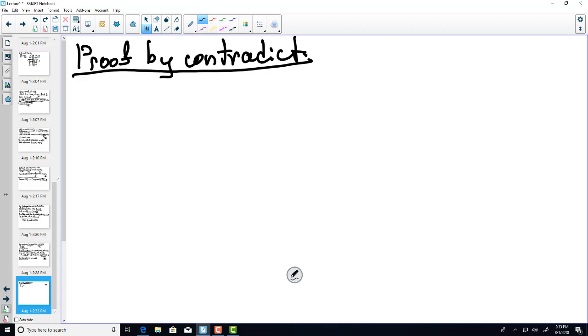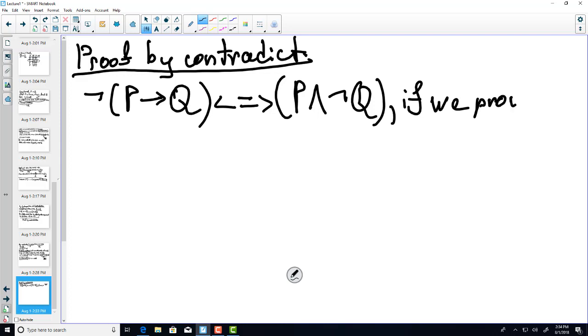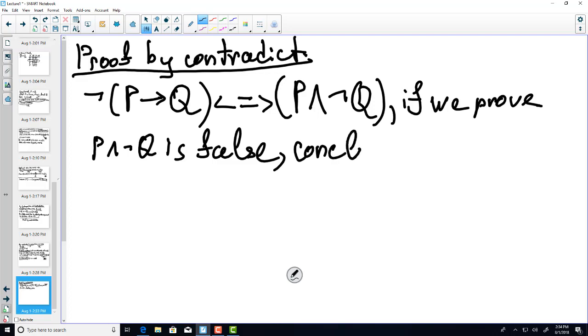If we go back to lecture 0, problem 7, there I showed that not conditional P to Q is equivalent to P and not Q. From here, if we prove that P and not Q is false, we can conclude that not conditional P to Q is false.